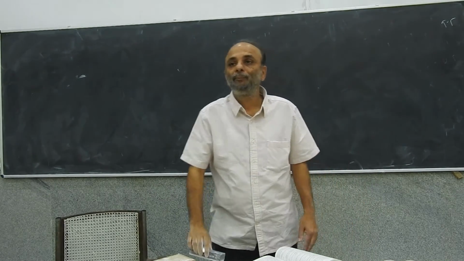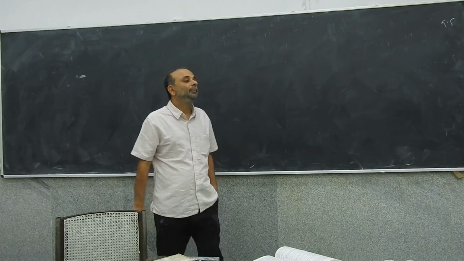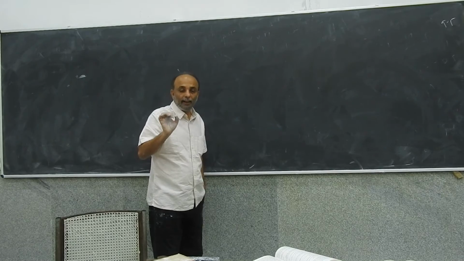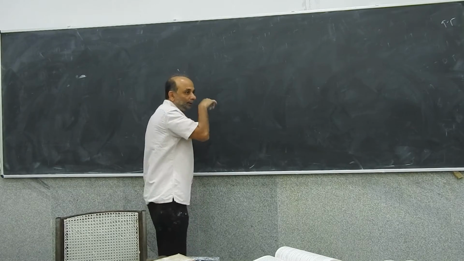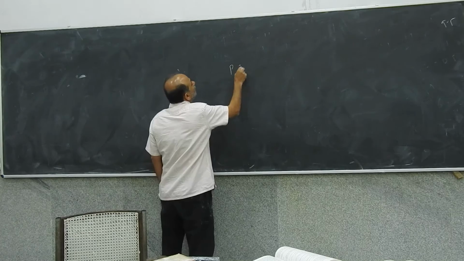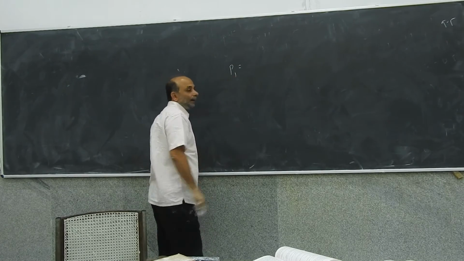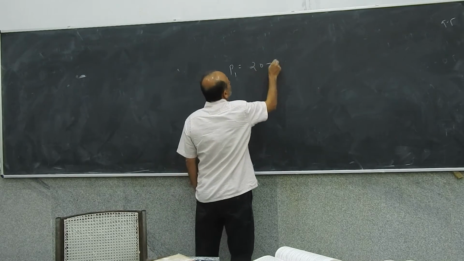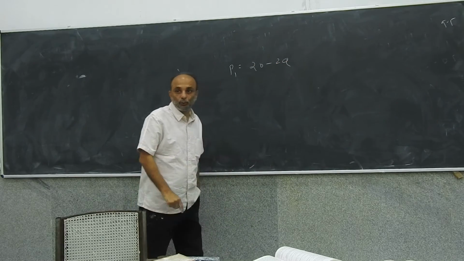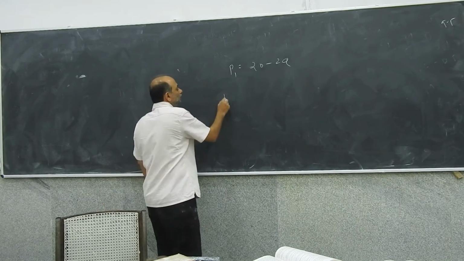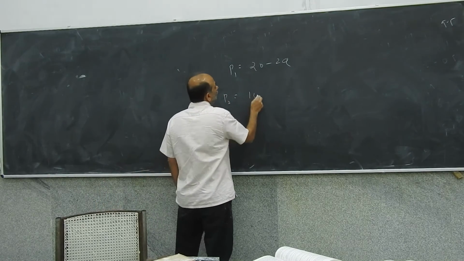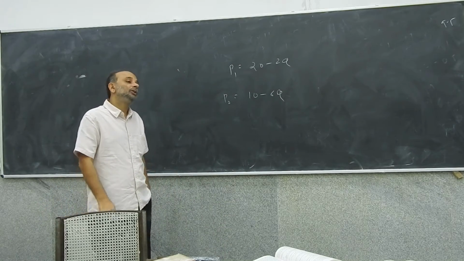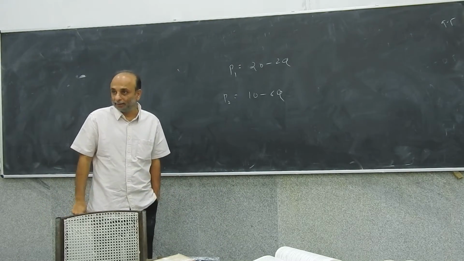Suppose in market one, the price of the commodity is 20 minus 2Q. In market two, it is 10 minus 6Q. The cost of production is identical in both the markets.